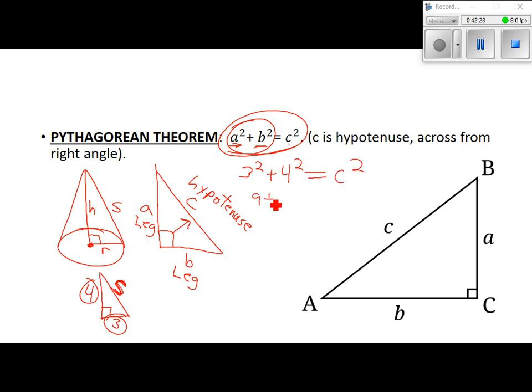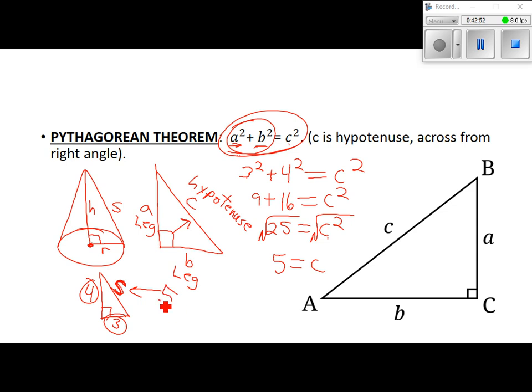3 squared is 9, 4 squared is 16. 9 plus 16 is 25, which equals C squared. To get C by itself, we take the square root. Use your calculator, and you end up with C equals 5. So this slant height is 5 units long.